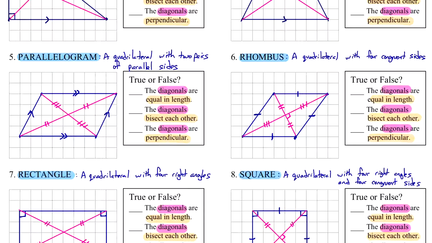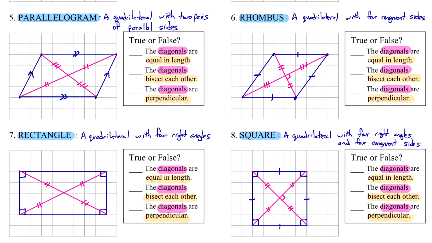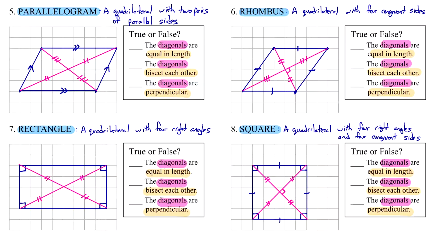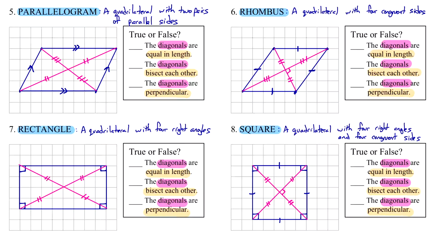And the last two are the rectangle and square, which are also under that parallelogram umbrella, except rectangle and square, instead of being slanted like the parallelogram and rhombus, are standing straight up. They're perpendicular.